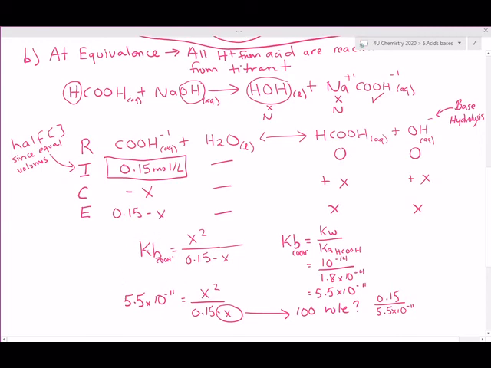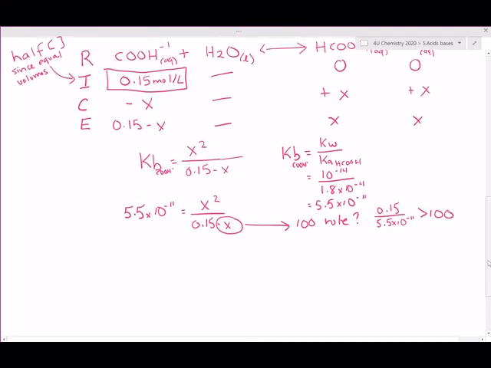Is it Kb or Ka in our previous part, but this is going to be the Kb. That is also greater than 100, which frequently is the case.